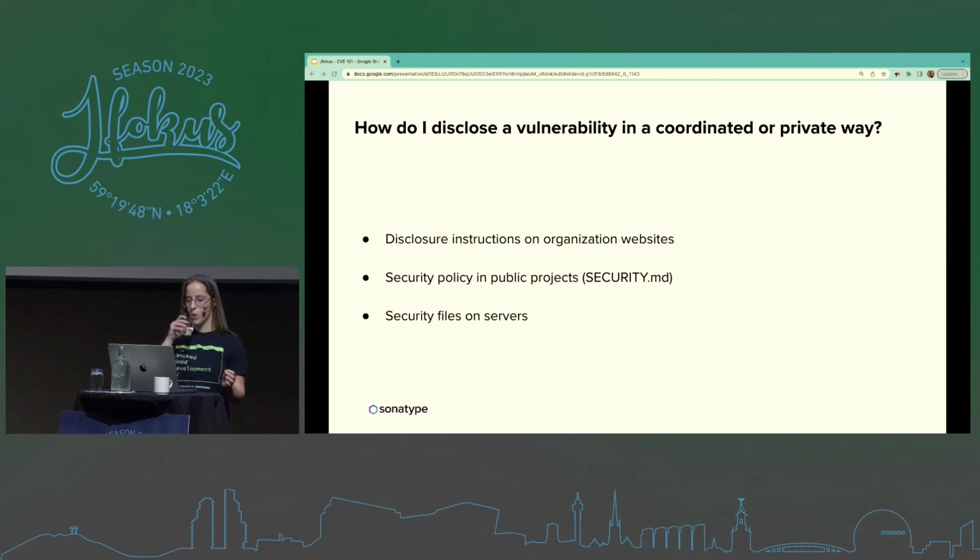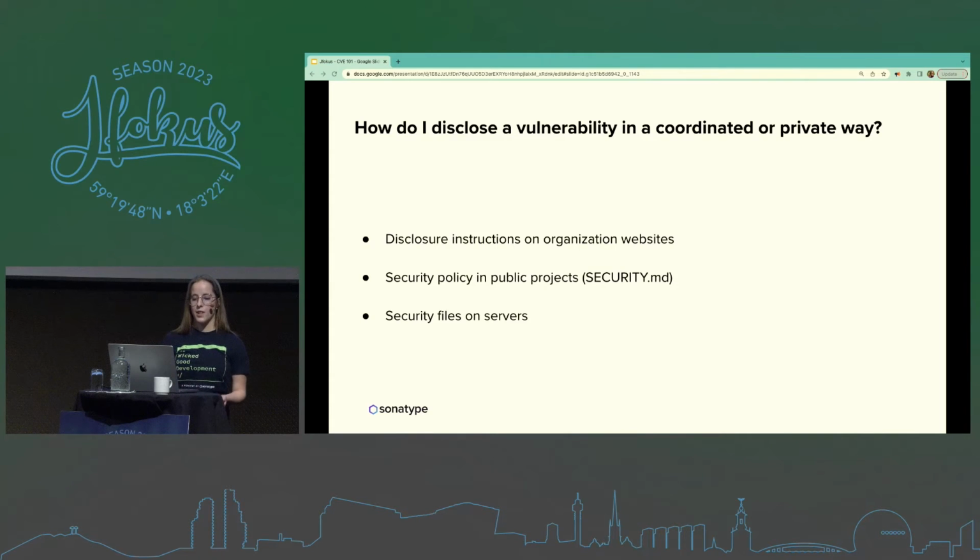So you may be wondering, how does one actually go out and disclose this type of thing? I think most of you are not security researchers in the room, likely developers, so this is probably something your organization has, but if you're, for example, running an open source project, this is something to think about as well. Typically, organizations have instructions on their websites for how to disclose security vulnerabilities properly.